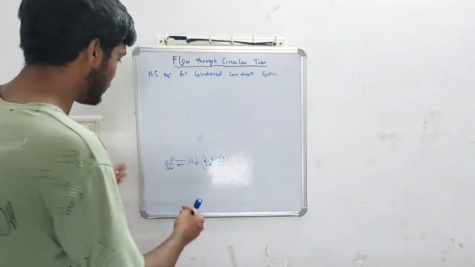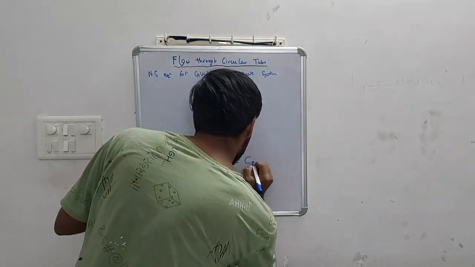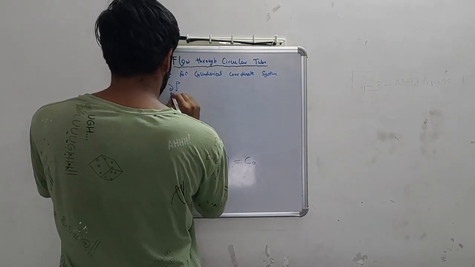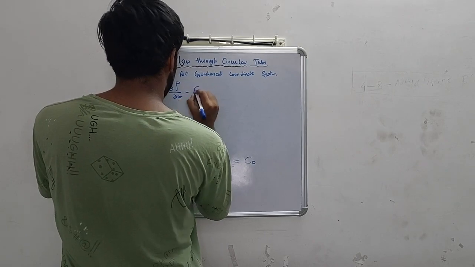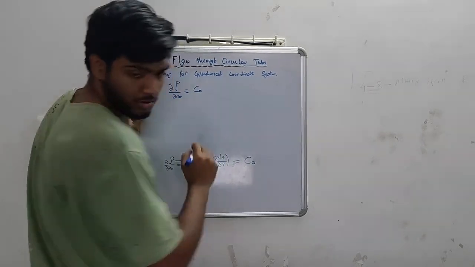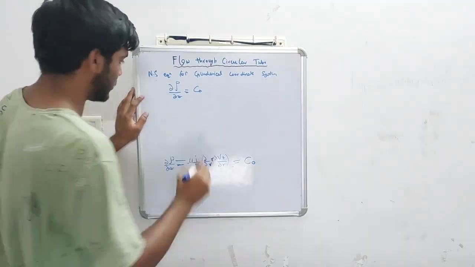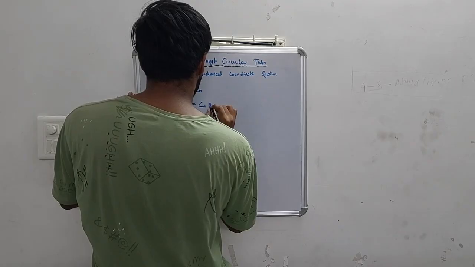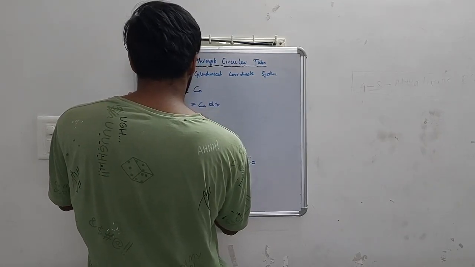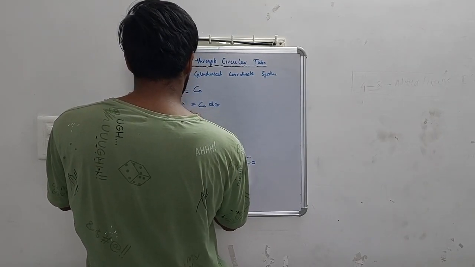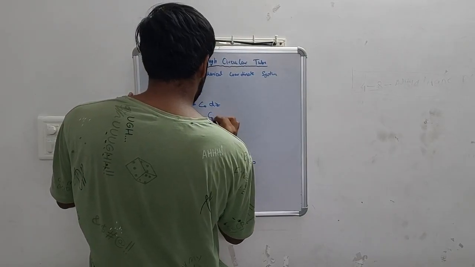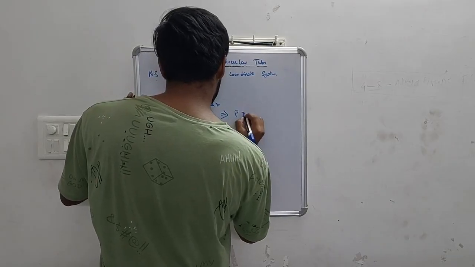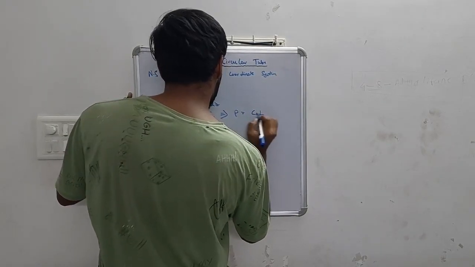Using this equation, this is C naught, and del P by dz equals C naught. And del P equals C naught into dz, so integrating P from 0 to P equals C naught into 0 to L. P would be equal to C naught into L.